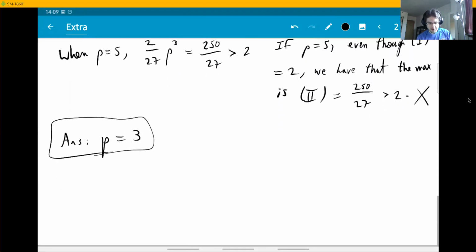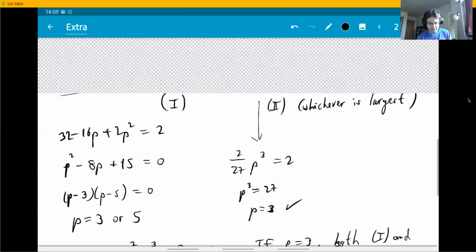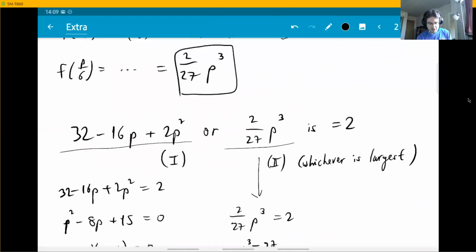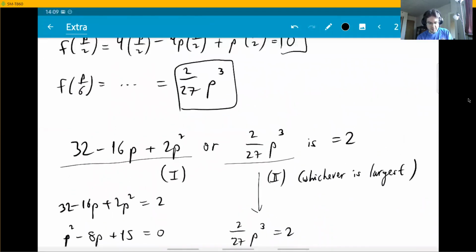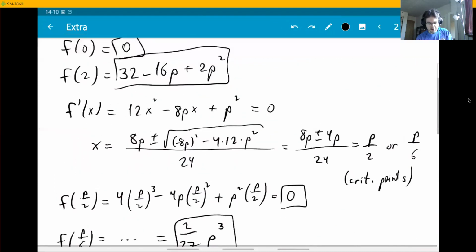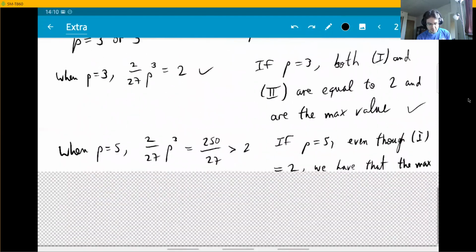And if you think about it, we found that this max actually occurs in 2 different locations. Both of these expressions, this one, which is f of p over 6, as well as this one, which is f of 2, both of them are equal to the max of 2.